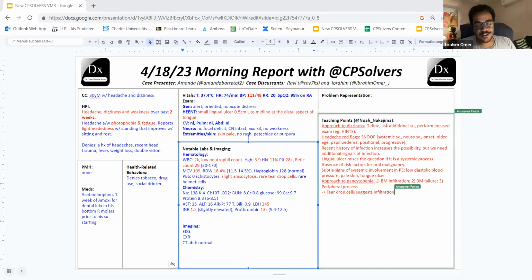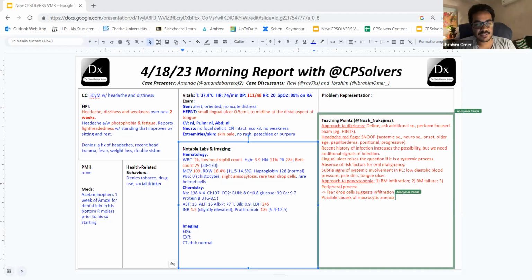Yeah, a lot of people are bringing up some great thoughts within the chat, specifically regarding the dark urine for hemolysis. But I think at this point, we've probably established that this is not a peripheral problem. And some people are also mentioning the TSH and the T4, and you also brought up that for the macrocytic anemia.